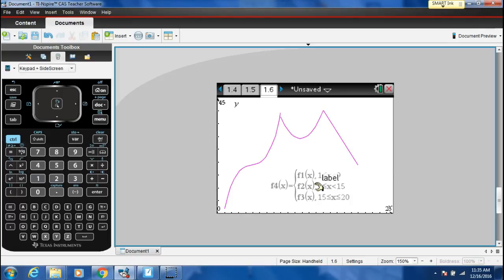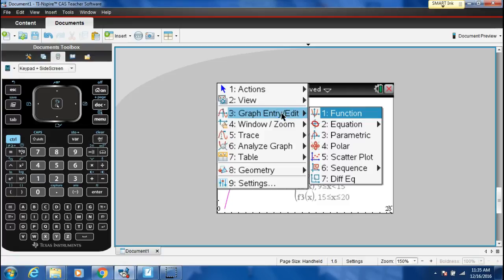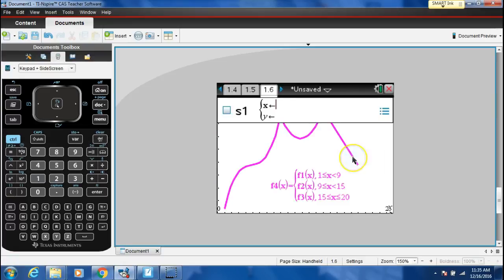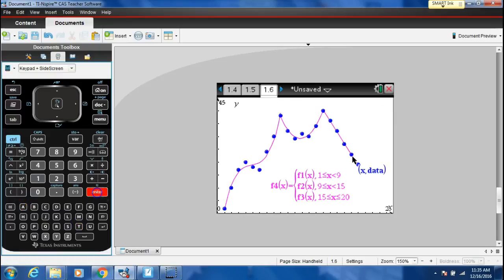Now, just to prove to you that it actually works, I'm going to make my scatter plot right on top of it. My x's were x, my y's were data. And there it is.